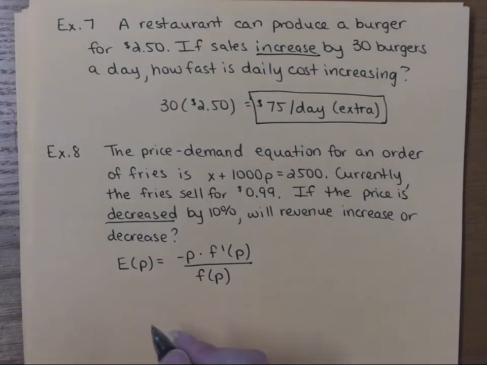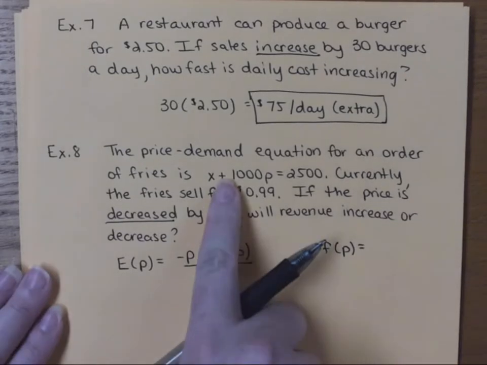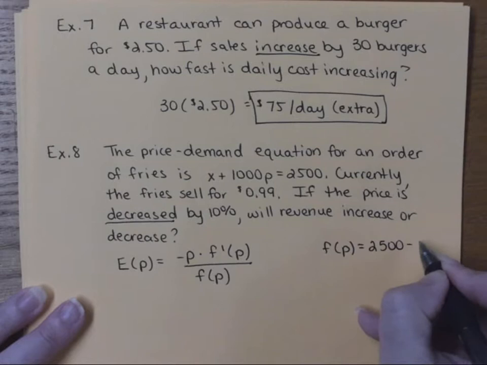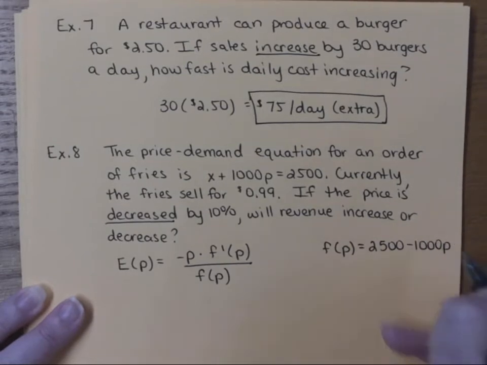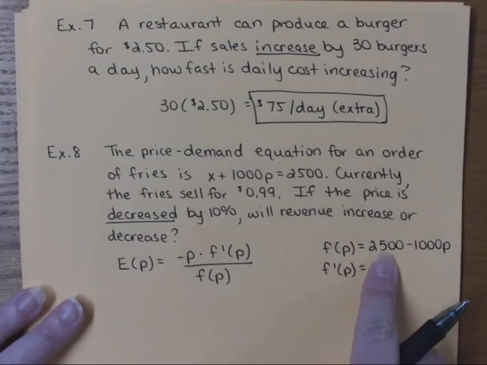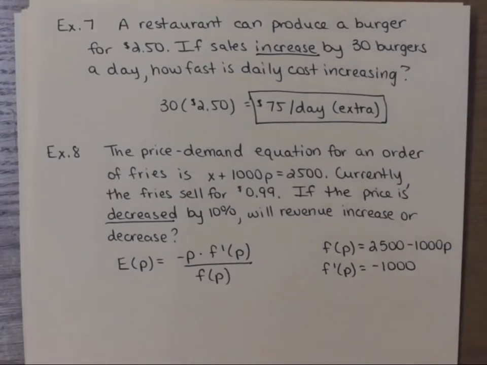Okay, so before we plug all of that in, let's talk about it off to the side. f of p, remember that would mean solve for x, is going to be 2,500 minus 1000p. So the derivative of this is 0, right? The derivative of that is negative 1000.